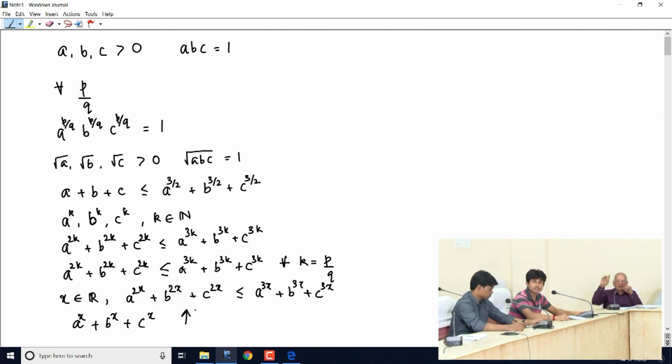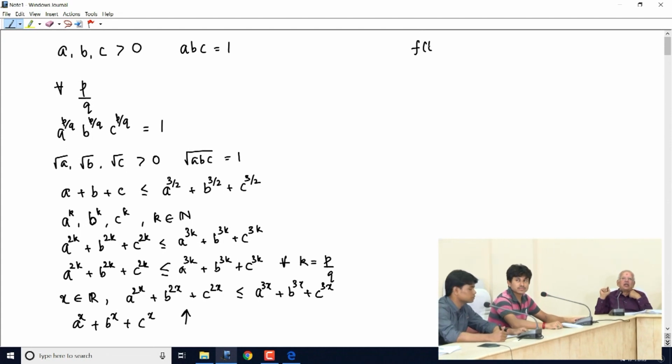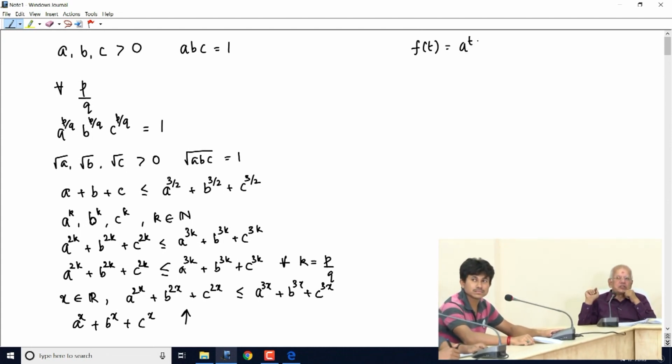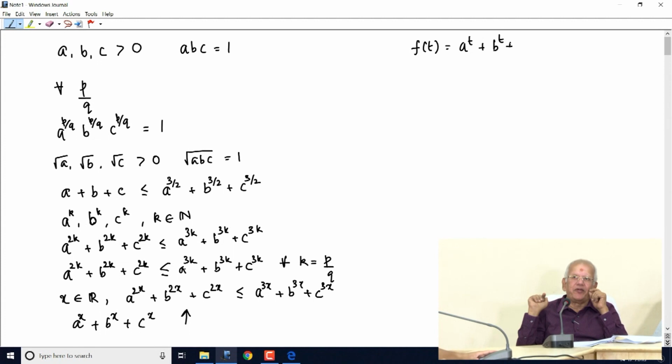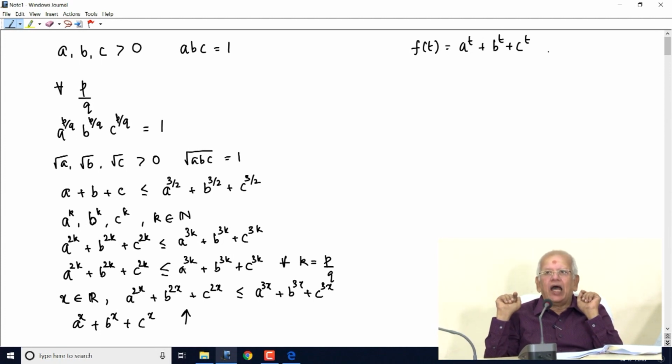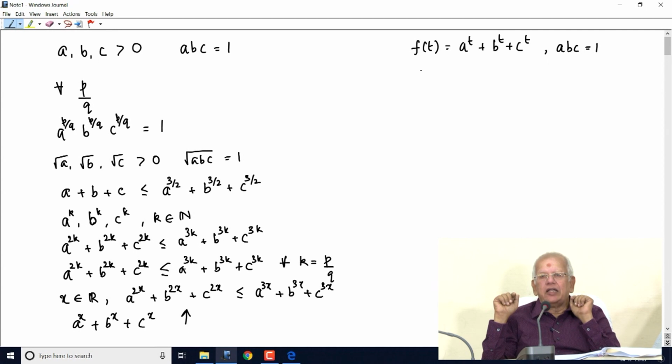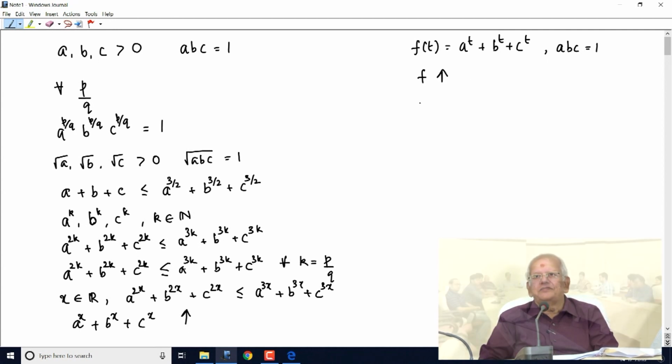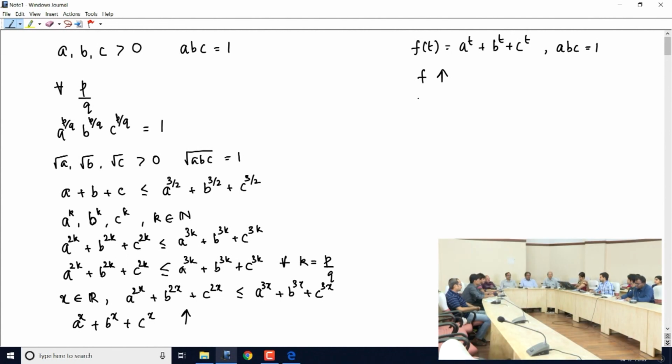So take the function f of t equals a power t plus b power t plus c power t with abc equals 1, and then prove that this function is an increasing function. Let me try this, sir. So I am going to compute the derivative of f at t.